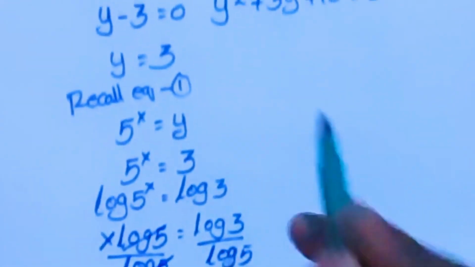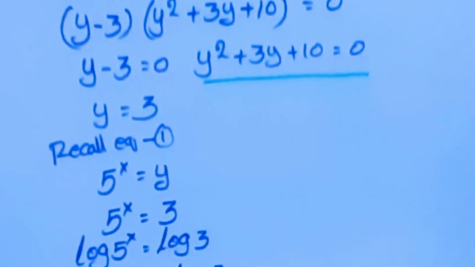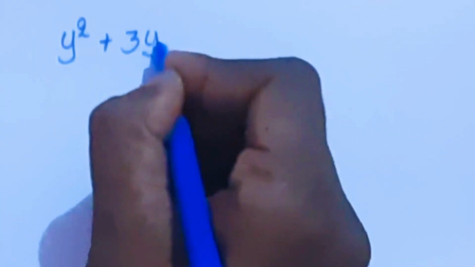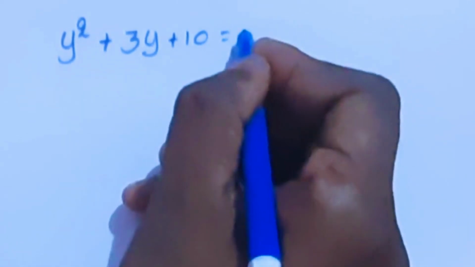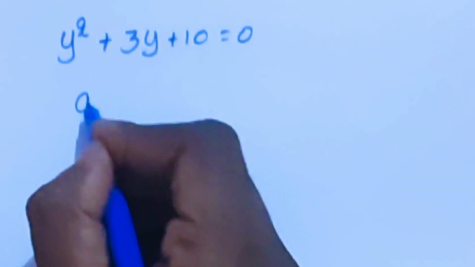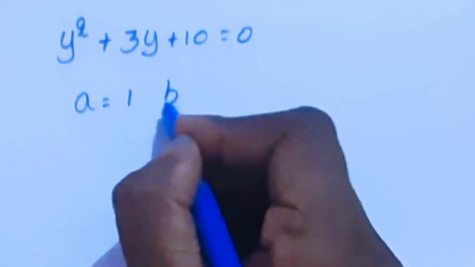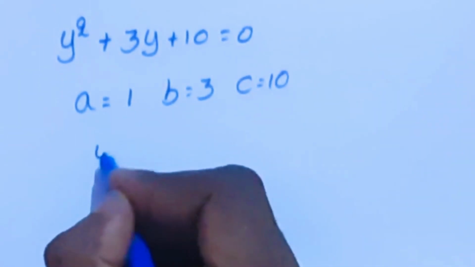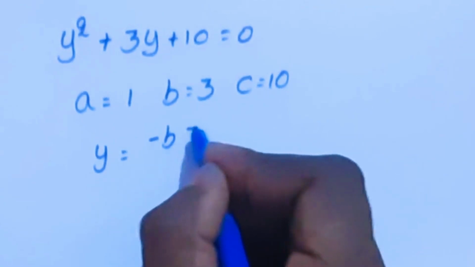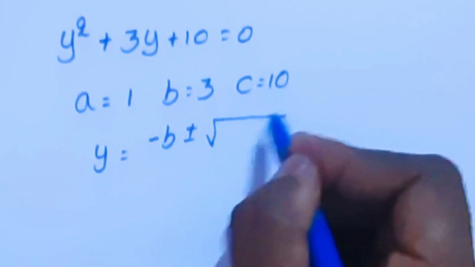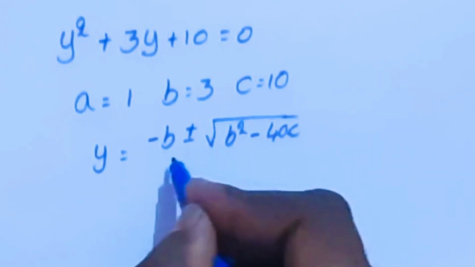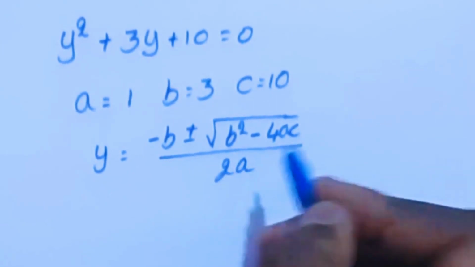Now we are going to apply this. The equation here is y square plus 3y plus 10 equal to 0. Here a equal to 1, b equal to 3, c equal to 10, y equal to minus b plus or minus square root of b square minus 4ac by 2a.